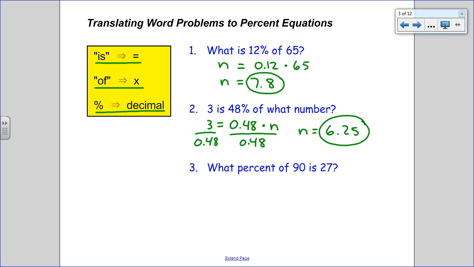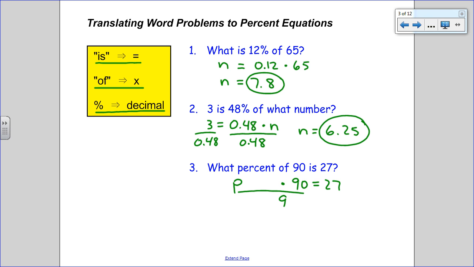Let's look at question number 3. What percent of 90 is 27? In this case, the unknown is actually the percent. So we'll use p to represent the percent. Of is multiplication, is is an equal sign. So we have p times 90 equals 27.